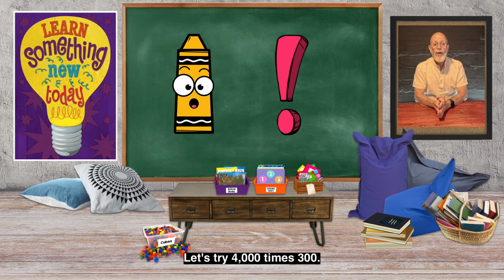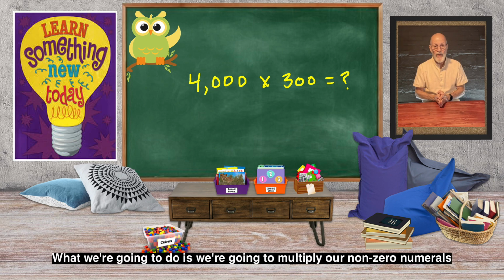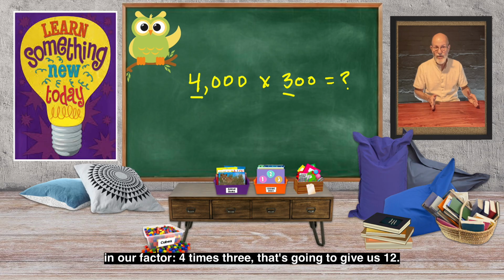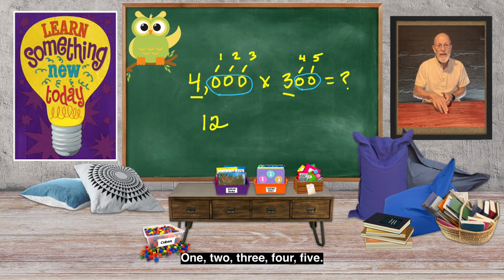Now, let's try a different number sentence. Let's try 4,000 times 300. Remember our first step. We're going to multiply our non-zero numerals in our factors. 4 times 3, that's going to give us 12. Let's count how many zeros we have. 1, 2, 3, 4, 5. Put that after our 12.